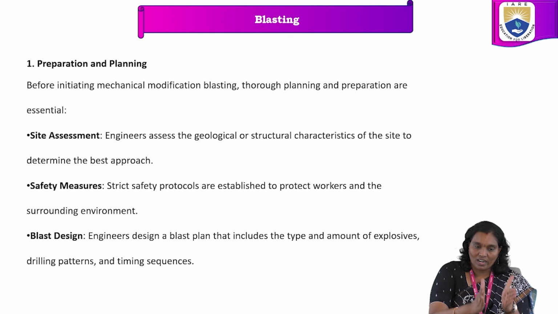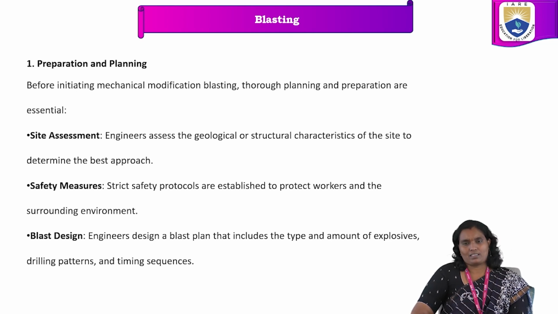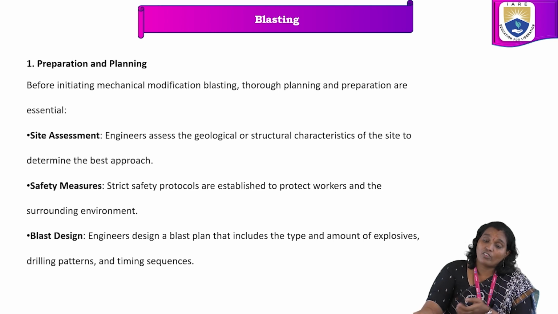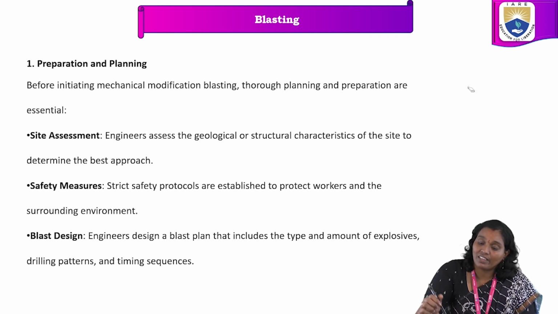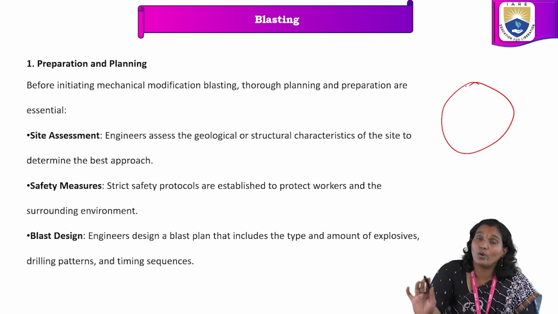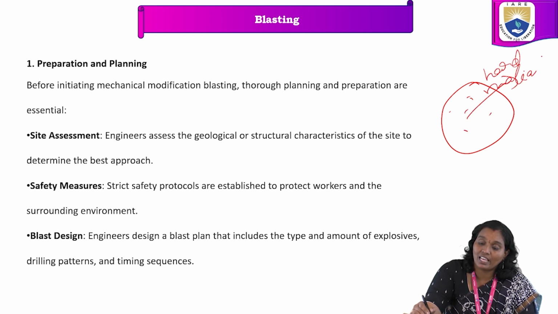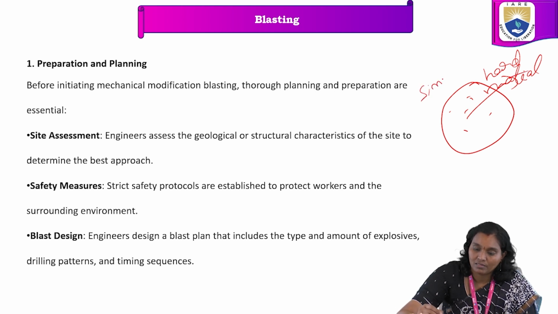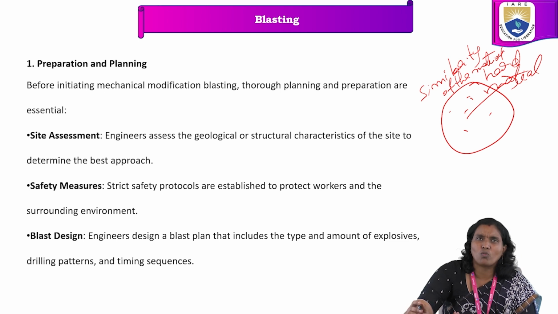First we have to do the site assessment, looking at the geological conditions. Whenever we consider the surface area that is going to be blasted, we have to understand how hard the material is and the similarity of the material, the similarity of that area and that rock, whatever it may be.